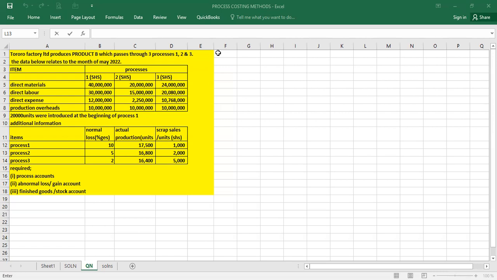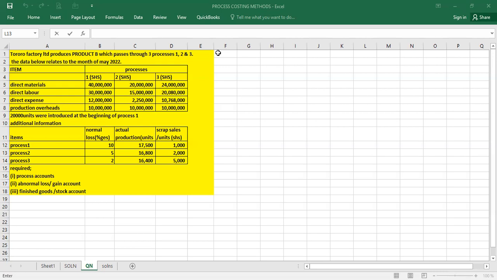The actual output in process 2 is 16,800, then process 3 it is 16,400. The selling price for the scrap units is 2,000 in process 2 and 5,000 in process 3.